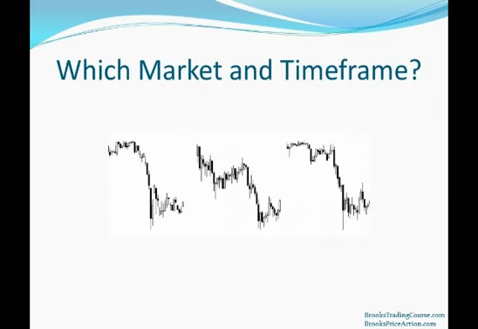This is another illustration of that. Here are 3 charts. Now, one of these charts is a daily chart, one of these is a 5-minute chart, and one of these is a 1-minute chart. And with the legends removed, you cannot tell which is which. Also, one of these is a forex market chart, one of these is gold, and one of these is a stock, General Electric.